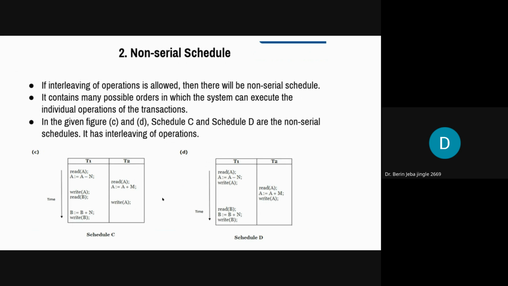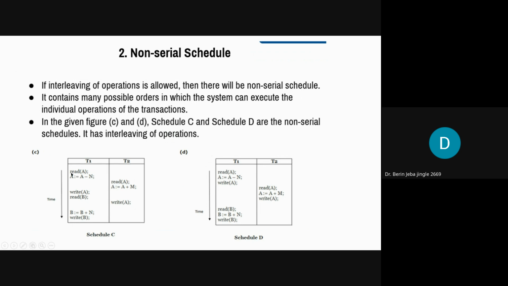Now, what is a non-serial schedule? A non-serial schedule means interleaving of operations is allowed. For example, two schedules are given, schedule C and schedule D. In schedule C, there are two transactions, T1 and T2.